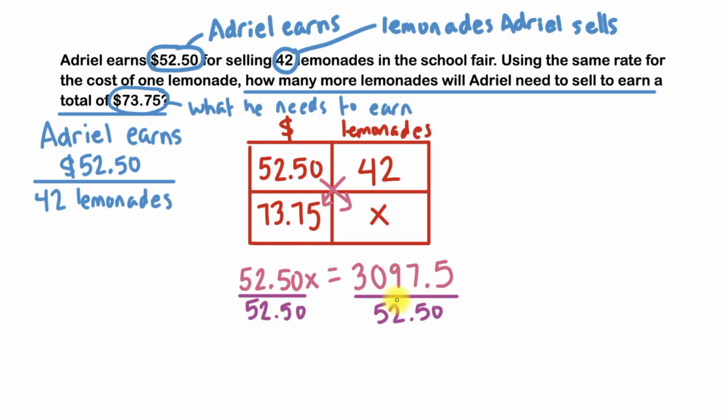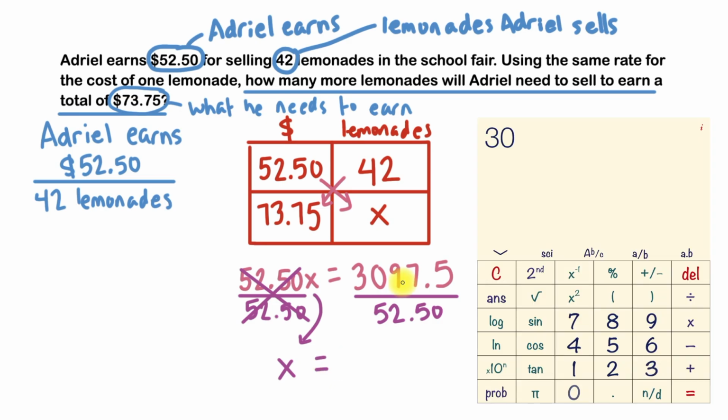Remember, this line represents division, and 52.50 divided by 52.50 will cancel out, leaving us with x all by itself, and that's exactly what we want. x equals 3,097.5 divided by 52.50. And that gives us 59.